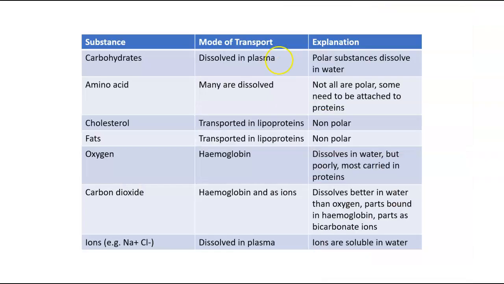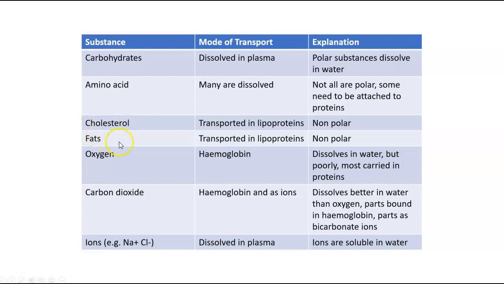So, for example, carbohydrates are transported in blood by being dissolved in the blood plasma, and that's because they are polar. Amino acids are also transported in blood to different cells, and many of those are dissolved because they're polar, but some others are transported in proteins.